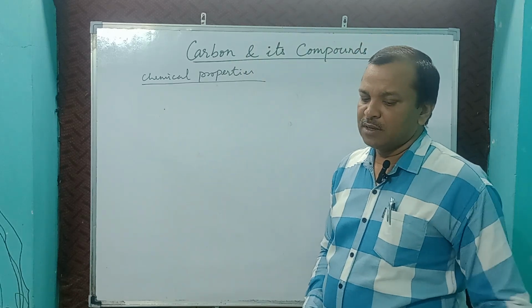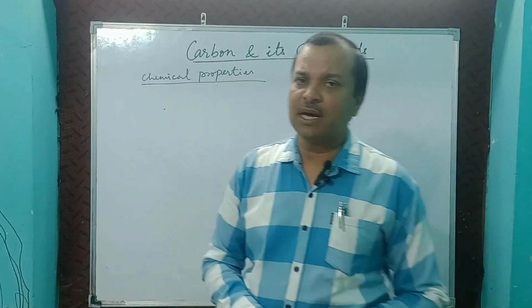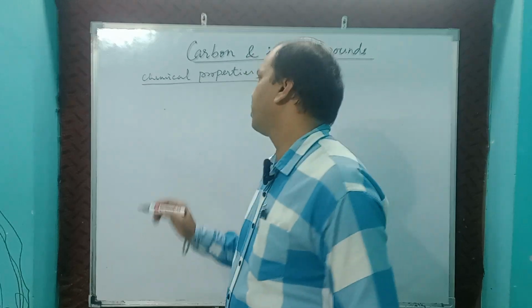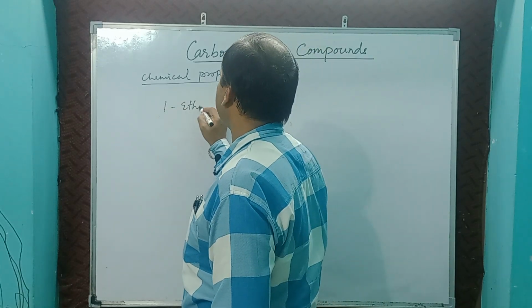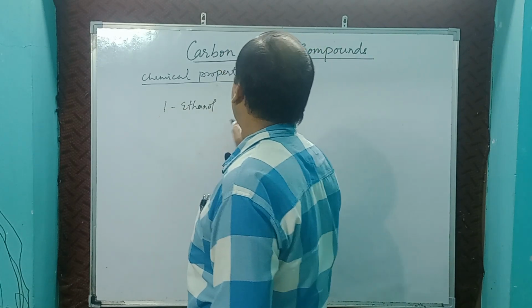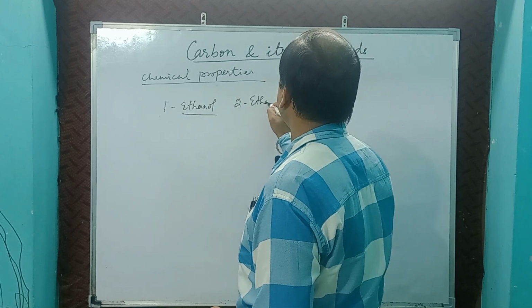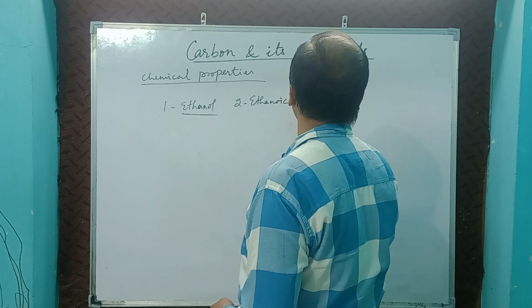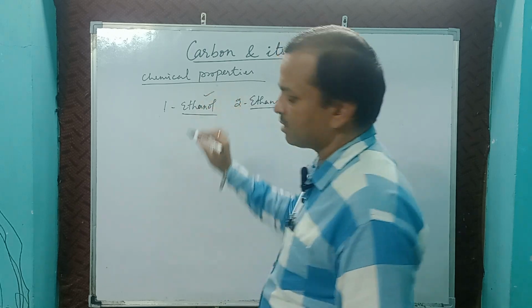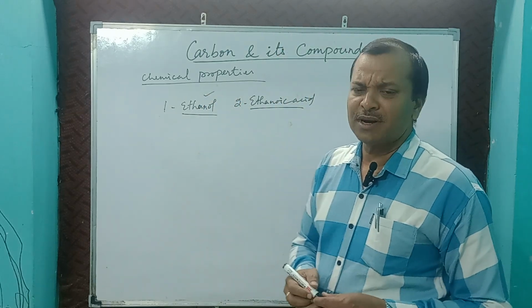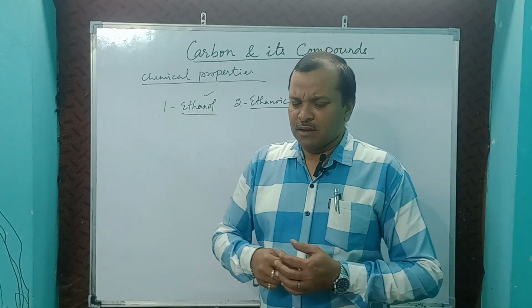Next is some important carbon compounds. In our book it is ethanol and ethanoic acid. First one is ethanol, second one is ethanoic acid. First we will discuss ethanol. What are the properties of ethanol?